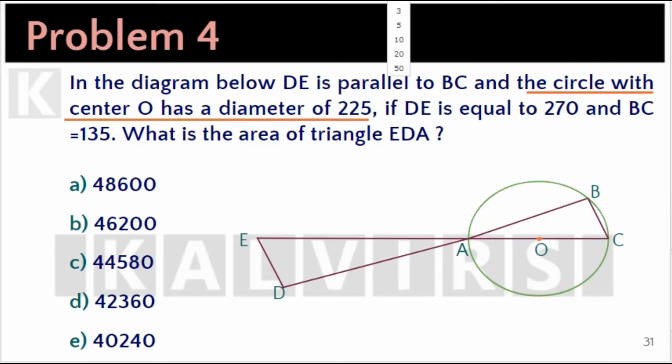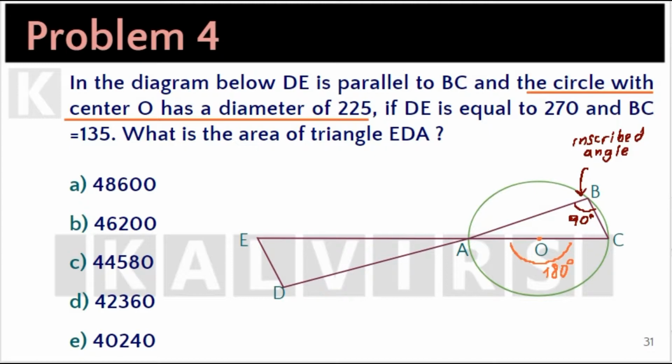So, O is the central angle with a measure of 180 degrees. Angle B is an inscribed angle. And we know that the measure of an inscribed angle is half the measure of the central angle. Since the central angle is 180 degrees, the inscribed angle, angle B, must be 90 degrees.